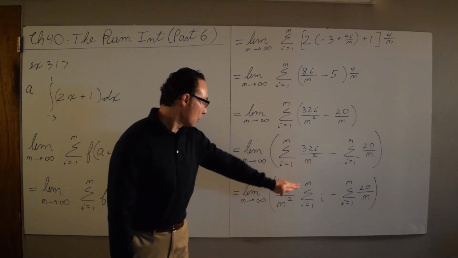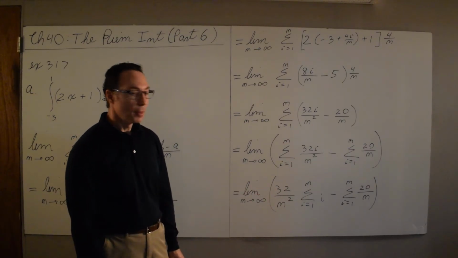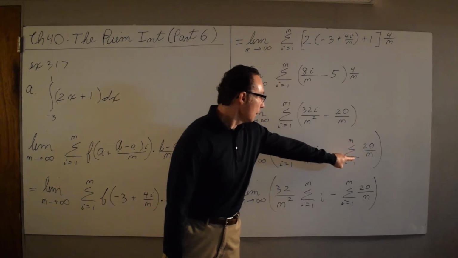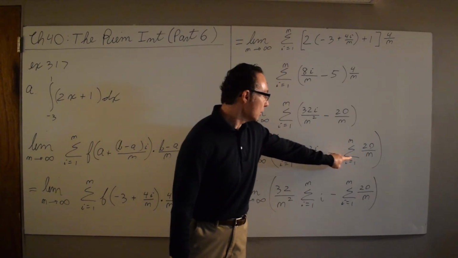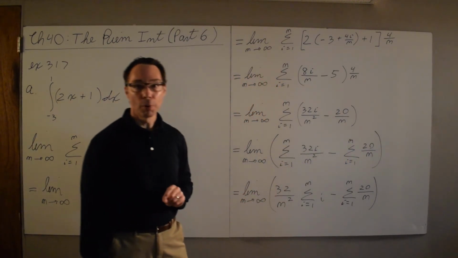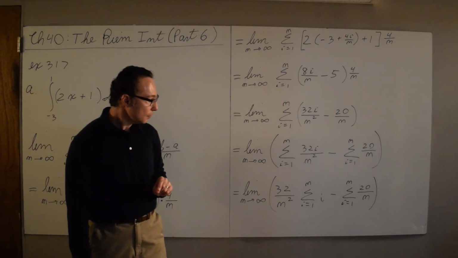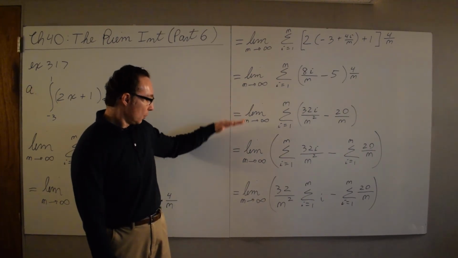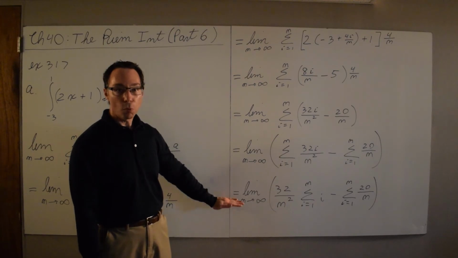So we factor the 32 divided by n squared out of the summation. We could choose to factor the 20 divided by n out of this summation and leave a 1 here if we wanted to. I chose not to do that, but we're allowed to do it. In the next video, I will finish this limit and we'll arrive at the answer.